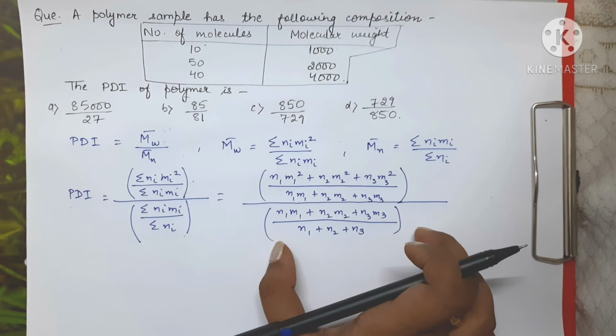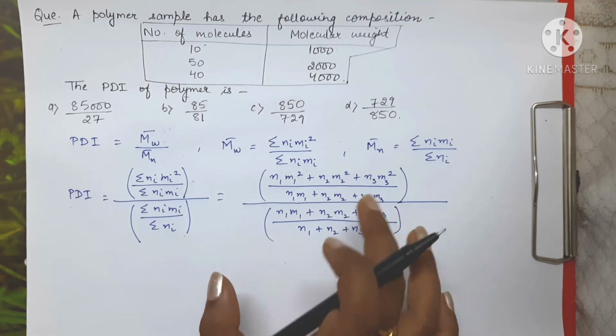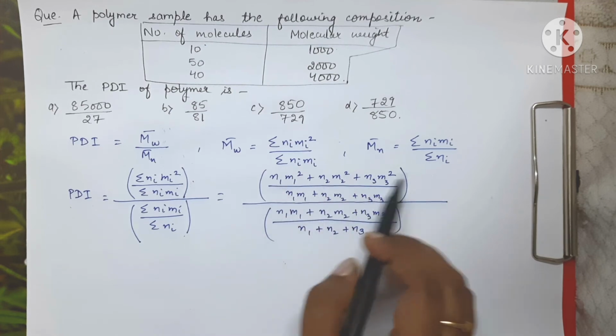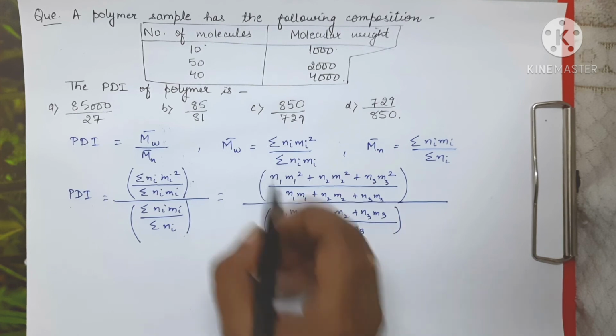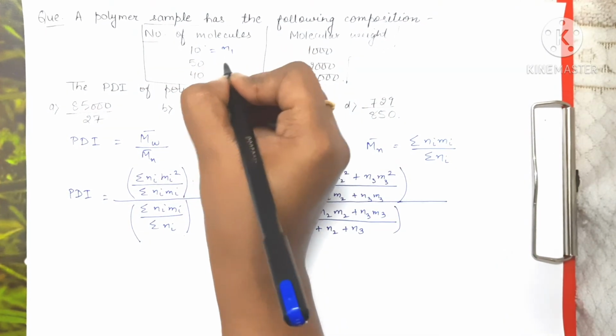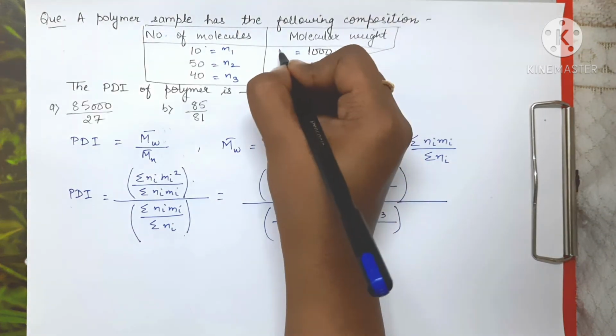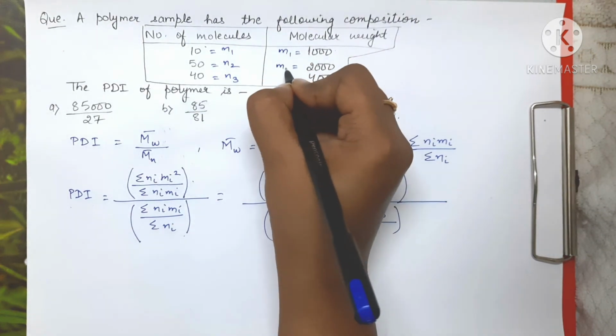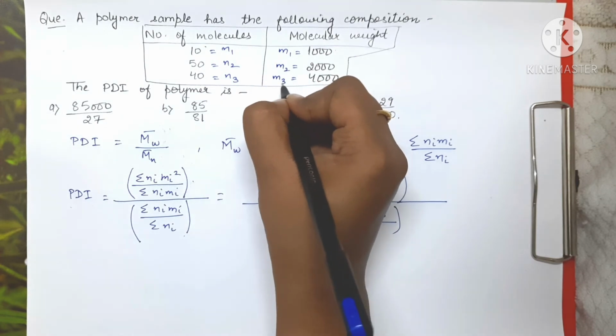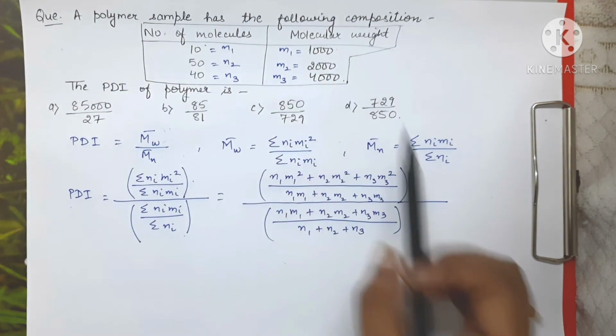Now we simply have to substitute the values of N1, N2, N3 and M1, M2, M3. This will be the value of N1, this will be N2, this will be N3, this will be M1, this is M2 and this is M3. We have to substitute these values here.